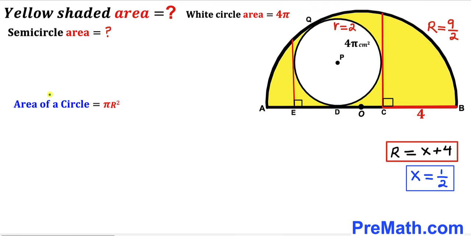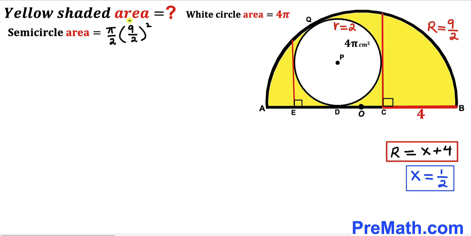And now let's recall the area of a circle formula once again. Area equals pi r square. So therefore the semicircle area has got to be pi times uppercase R square divided by 2. And in our case, our uppercase R value is 9 divided by 2. So therefore, our semicircle area is going to become pi divided by 2 times 9 divided by 2 whole square.